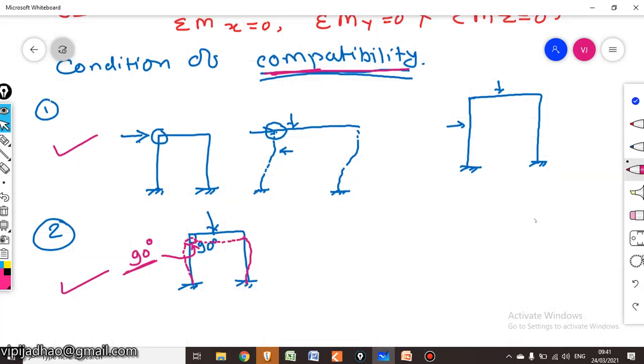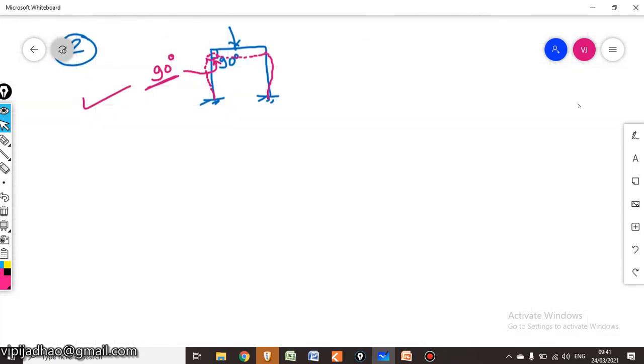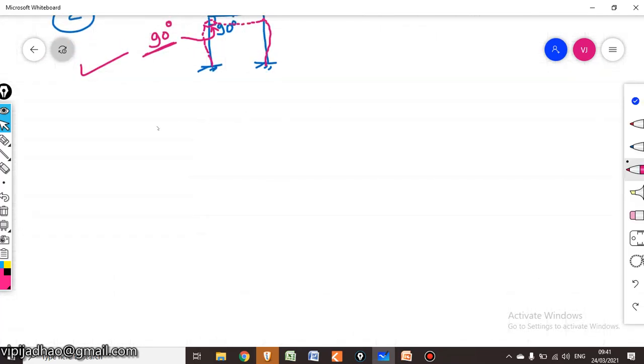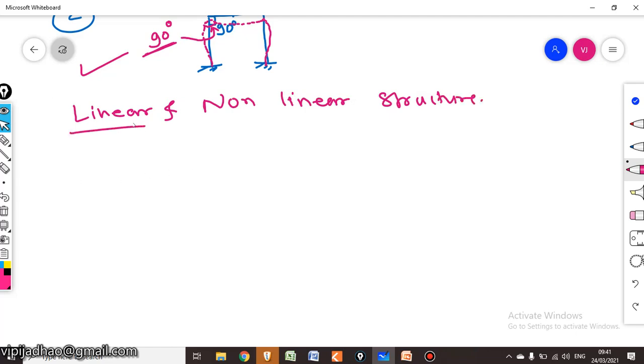So the next point we are having is the concept of linear and non-linear structure. A system is called a linear system if the material which is used for construction of that system has a linear stress-strain relationship.